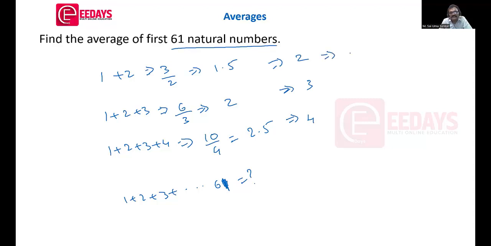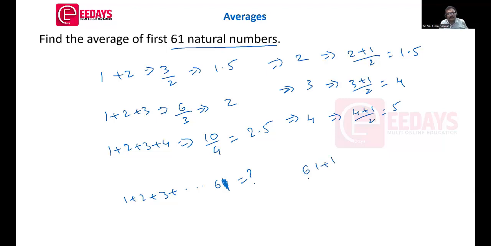What is the average? Just 2 plus 1 by 2, that is equal to 1.5, or not? And what about this one? 3 plus 1 by 2, that is equal to 2, or not? What about this one? 4 plus 1 by 2, that is equal to 2.5, or not? Here, what is the average of 61 natural numbers? 61 plus 1 by 2, so that is equal to 31, which is the required answer.